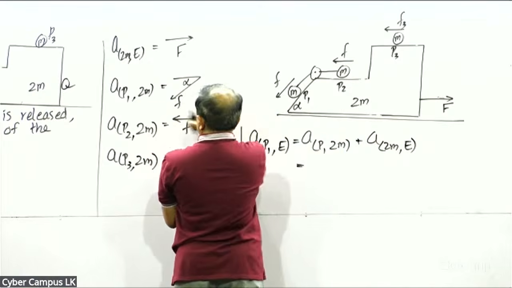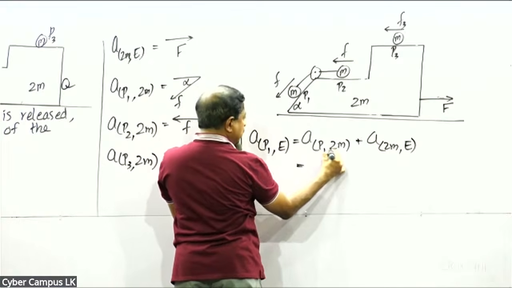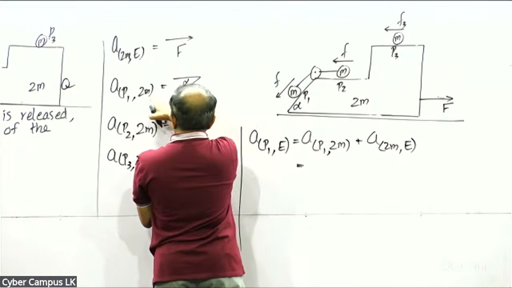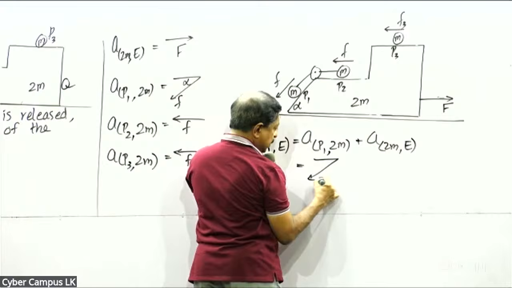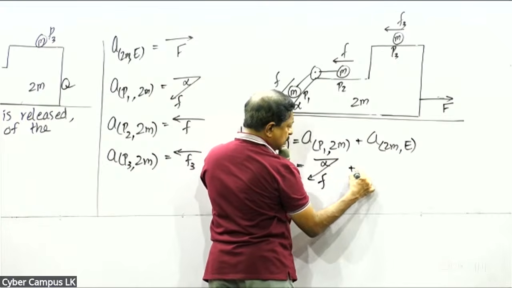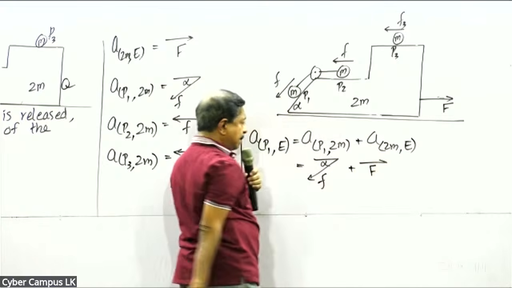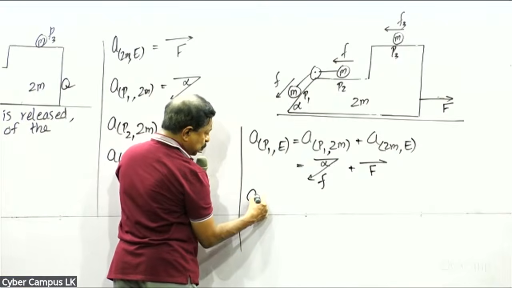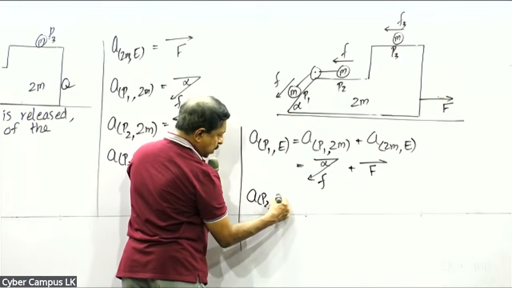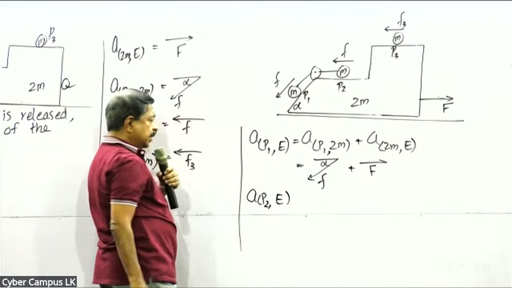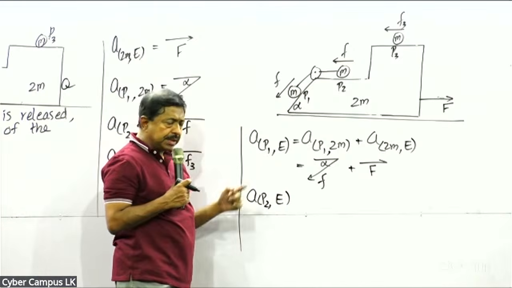There are exactly two components here. The other is this. Now we can go for P2, comma, E, in other words, the acceleration of P2 relative to the Earth.